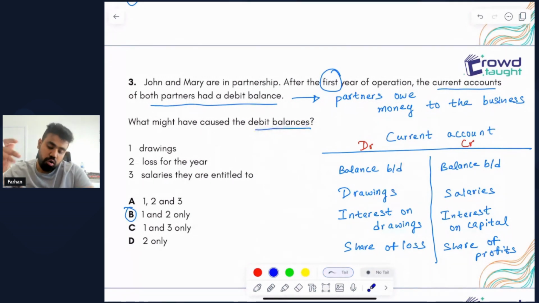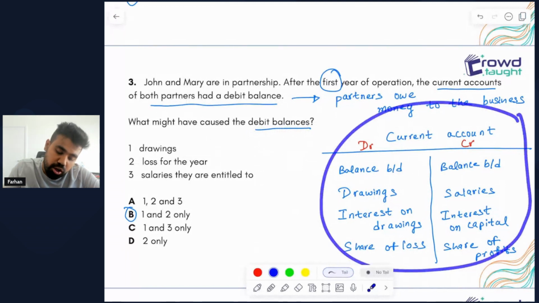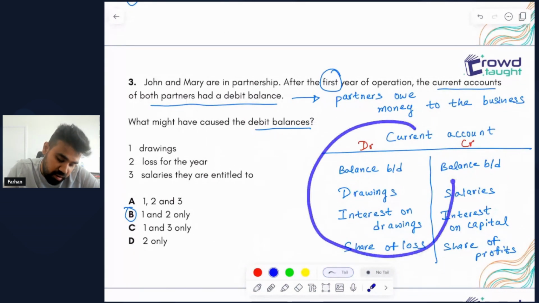So what we're going to do here is picture the current account. Anything on the debit side of the current account reflects a reduction in equity, and anything on the credit side of the current account reflects an increase in equity. So our focus is on the debit side.